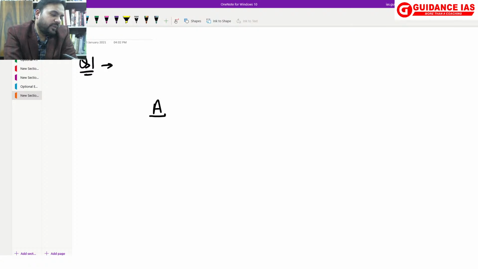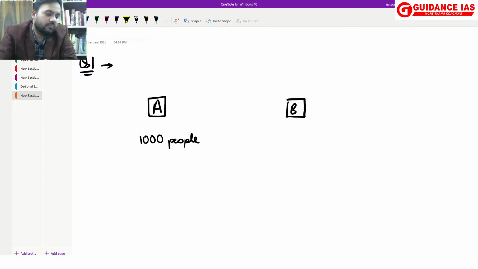So I am giving you 2 situations, A and B. In case of A, there are 1,000 people living here. If you talk about B, there are 1 lakh people living here. Now tell me which of these is the case of overpopulation, A or B?